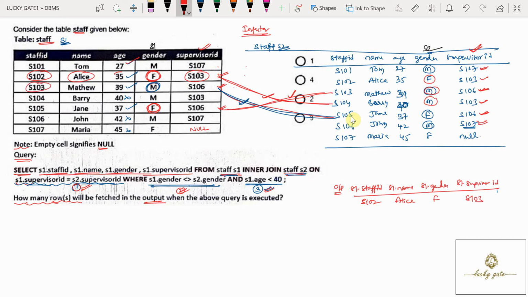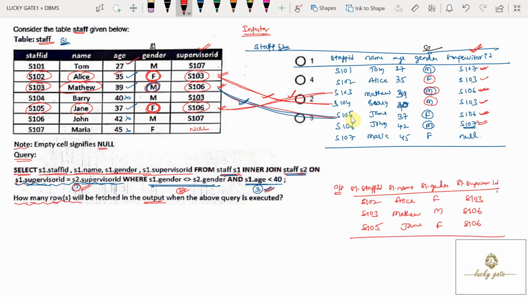And this one gives you S103, name Matthew, gender male, supervisor ID S106. This is S105, Jane, female, and S106 in the output. These are the three tuples in the output.